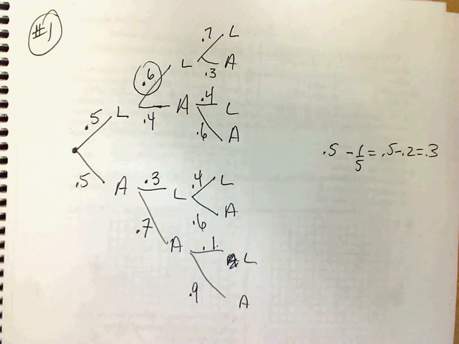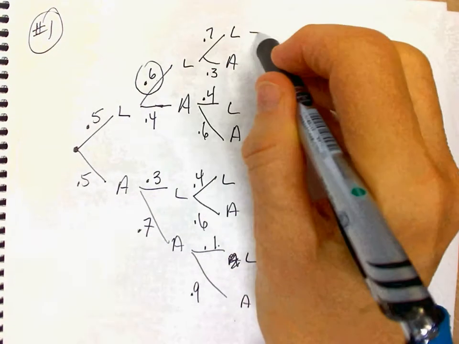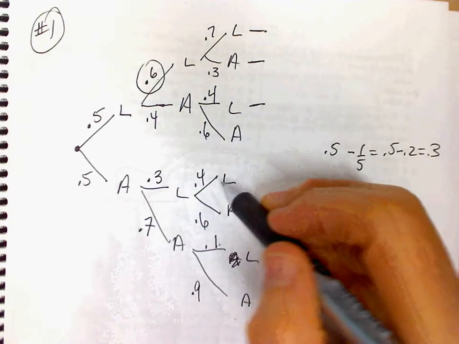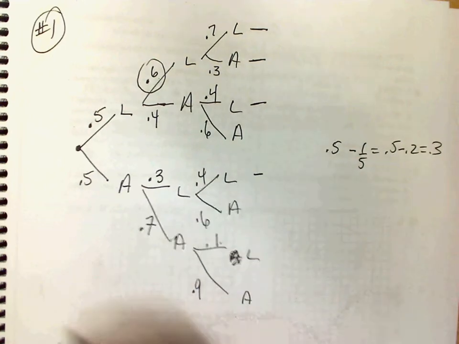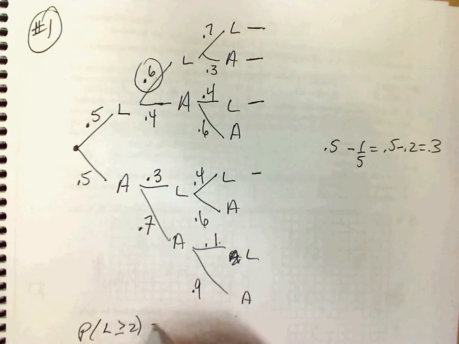Now find the probability Ling wins at least 2 games. She's won 2 games there, there, and there, and that's it, right? Probability Ling is greater than or equal to 2.